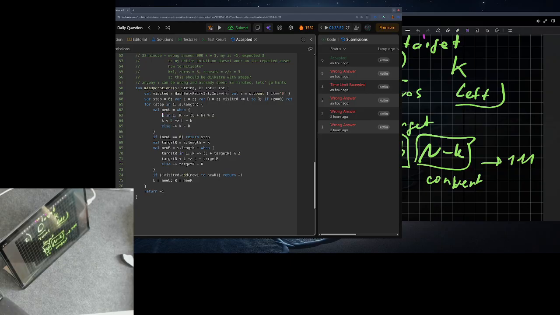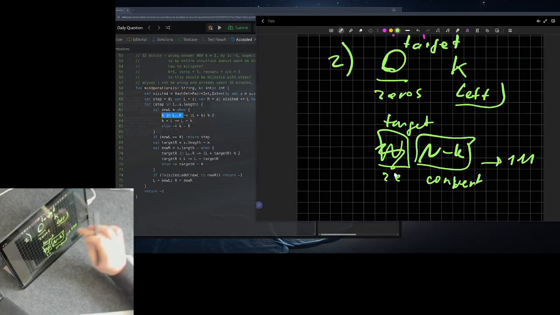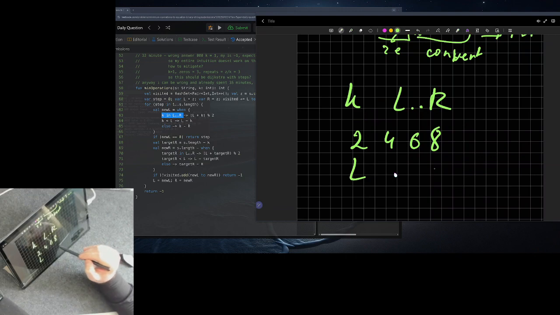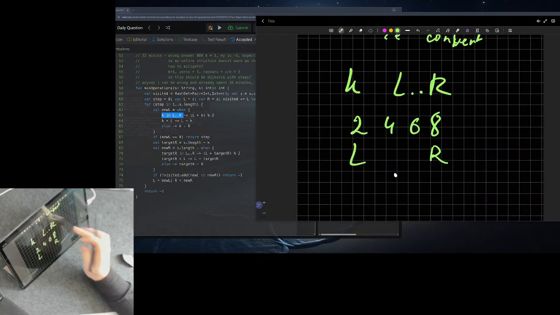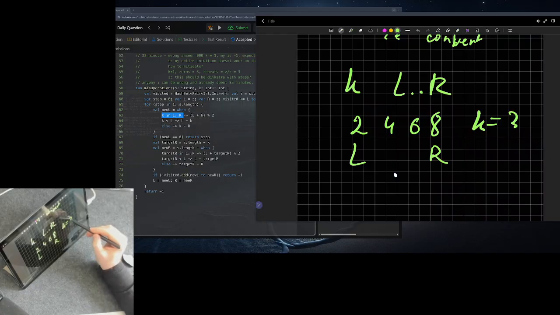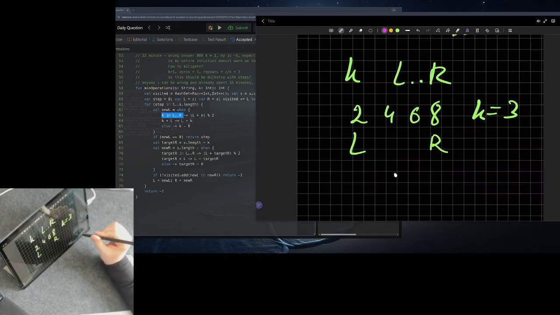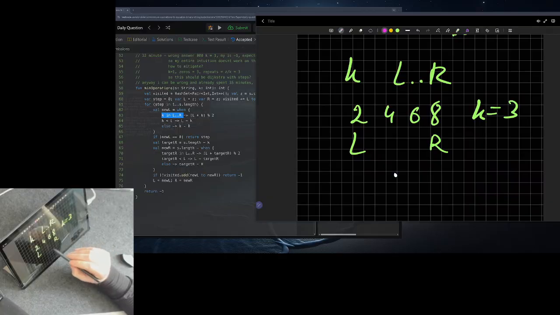That means if k is in the range left to right, this is 2, 4, 6, 8 numbers, left is 2, right is 8, and if k is, for example, 3, then what can we do from this?